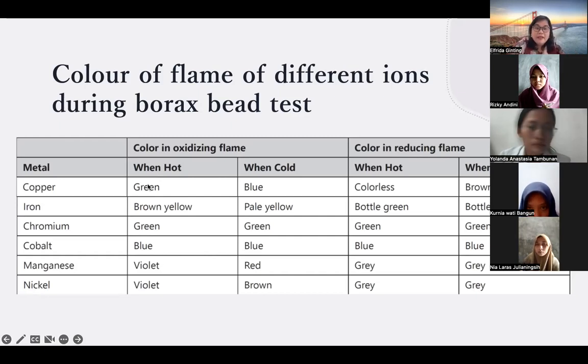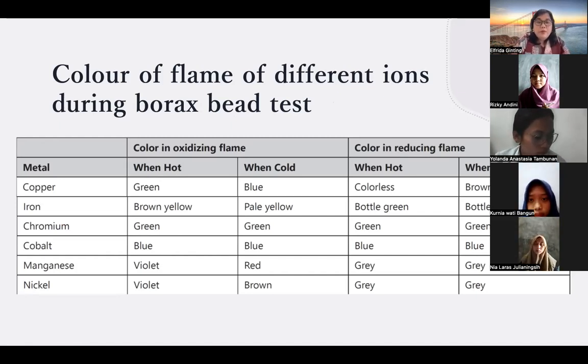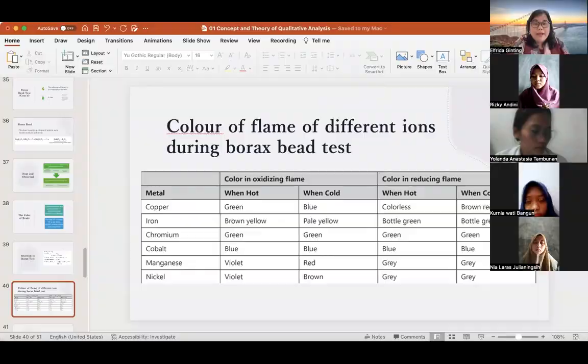Why? Because your sample is impure. So it's possible you don't get this color if your sample is impure. That's why we call this class qualitative and quantitative analysis, because we want to analyze whether our sample is pure or not.